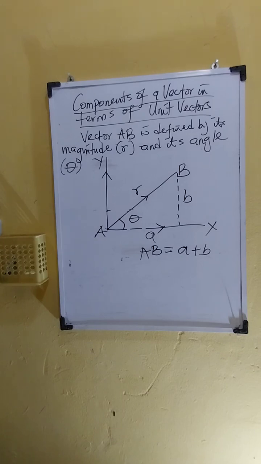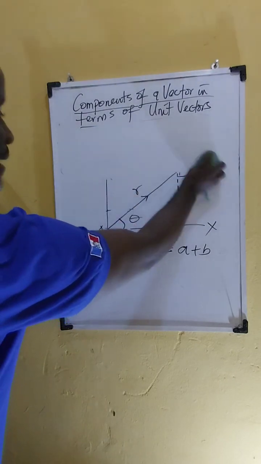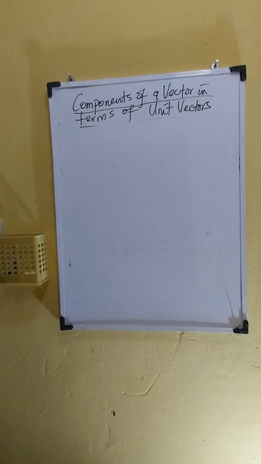There is something I need to show you on how to actually handle components of vector. Don't break your head about the earlier one, because you are not going to come across it in any way. This is what you need to bother yourself about.